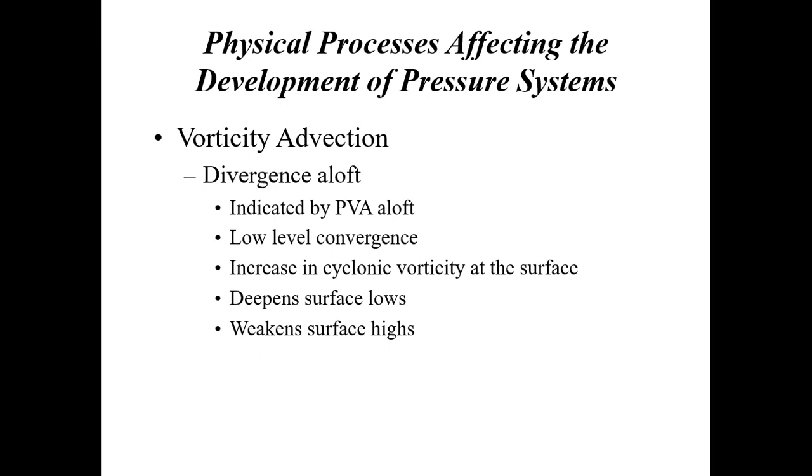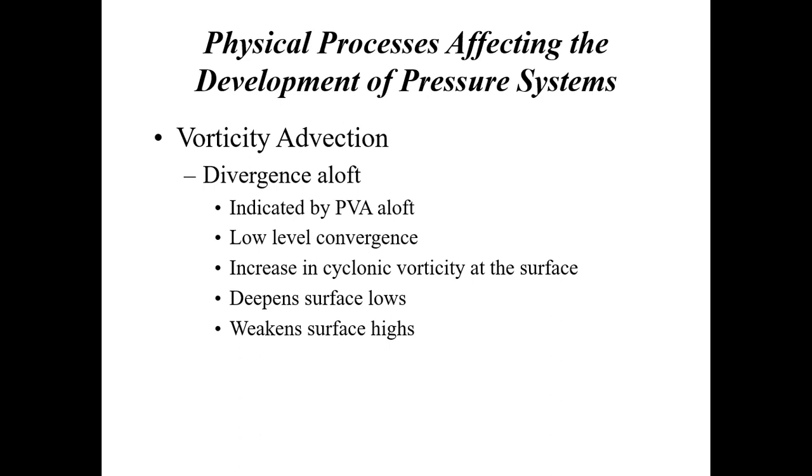So they play a significant role in upward or downward vertical motion in the atmosphere. So we're going to cover the vorticity advection aspect as well. And when we talk about vorticity, it is simply the spin of an air parcel. Think about vorticity as the spin of an air parcel.